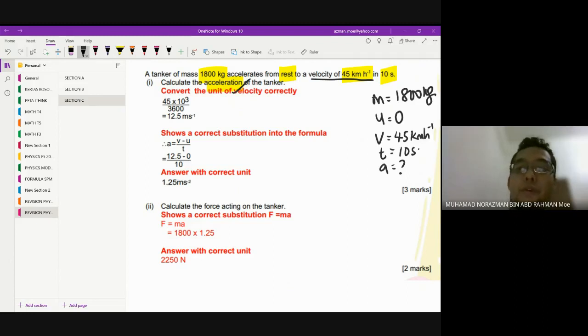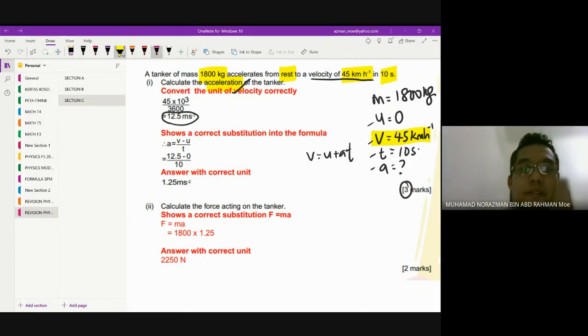So the first question asks you about acceleration. From the list of information given, we know which formula to use, which is the formula v = u + at. It is 3 marks. The first mark is given when you convert the unit correctly, from kilometer per hour to meter per second, for final velocity.